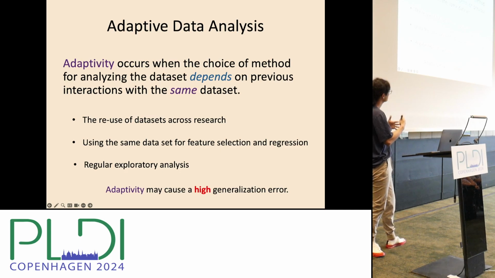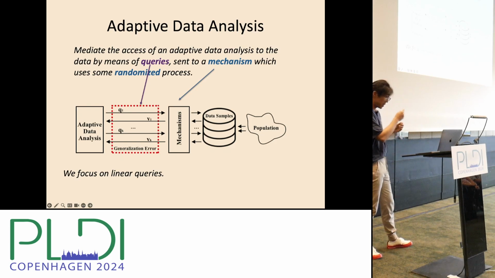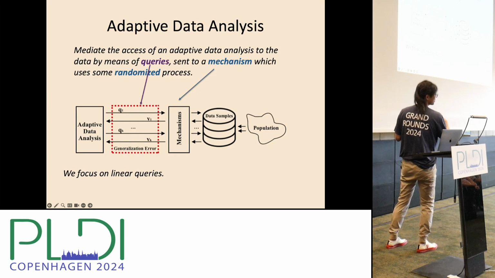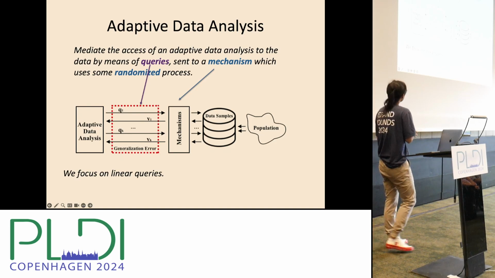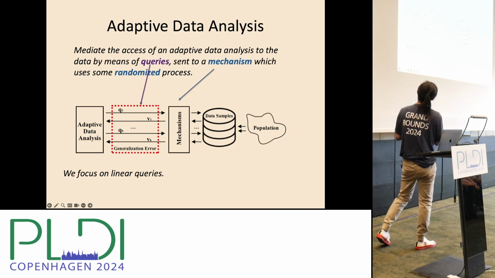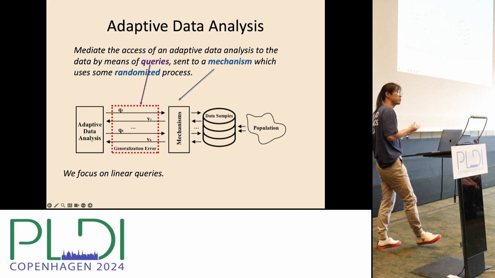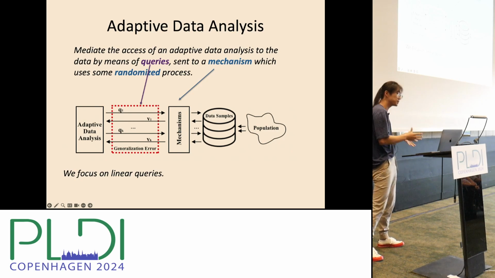To control these generalization errors in adaptive data analysis settings, people restrict the data access to a query request. Here we only focus on linear queries. When these queries are sent to mechanisms, the mechanisms use some random process to make sure that the result of the queries does not rely too much on the sample data.